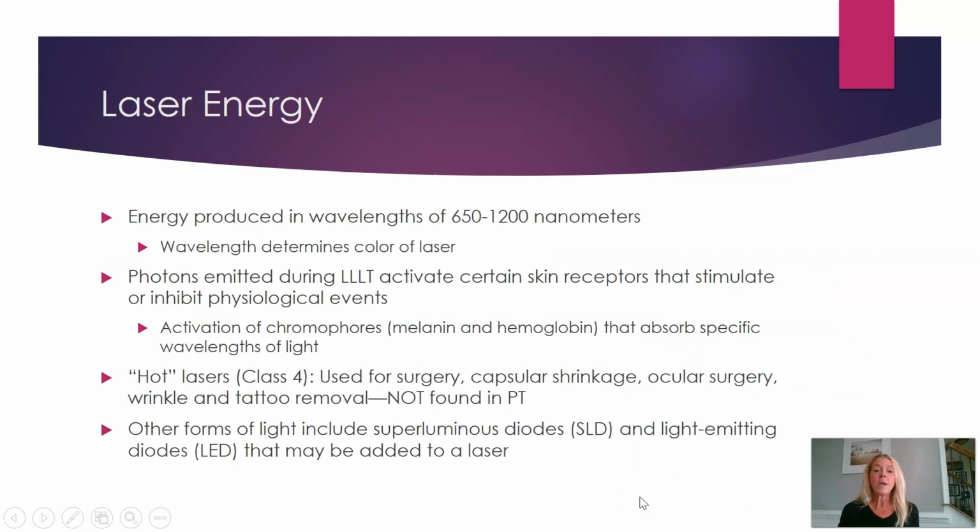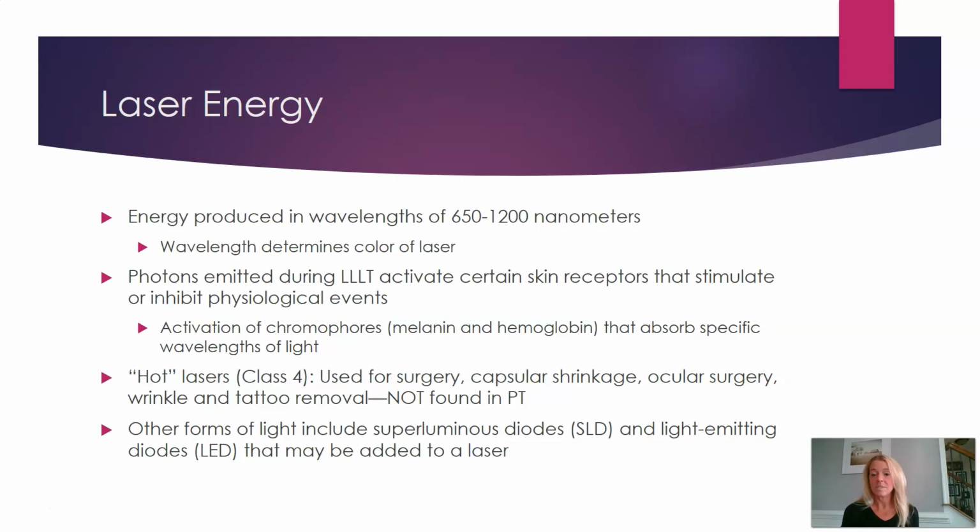So energy from laser is produced in wavelengths of 650 to 1200 nanometers. You don't need to memorize that, but do know that wavelength is what's going to determine the color of your laser. Like I said, most lasers that you're going to see clinically are probably going to be red. There are some blue lasers out there as well, and that's a difference in the wavelength of those two types of lasers. So photons, again, are those packages of light that are going to be emitted during the laser treatment, and they activate skin receptors.